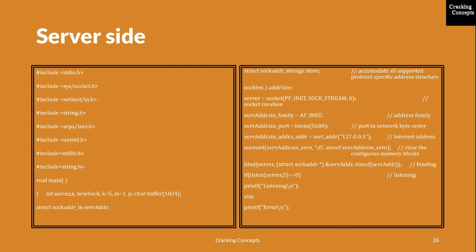Now, I am skipping all the code that is related to socket specific area. So as usual, a socket is created, all its address family is set accordingly, and the socket is going through a binding phase. Then it will start listening, since this is the code for server.